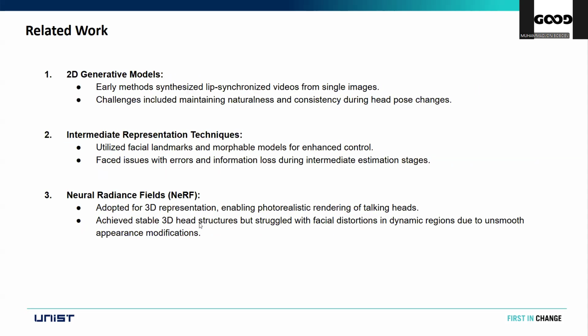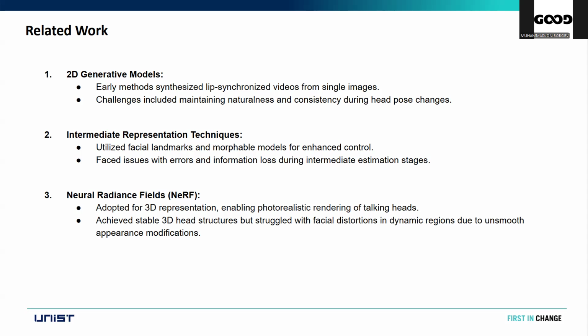Previously, people tried to tackle this problem by using 2D generative models, synthesizing lip-synchronized videos from a single image. The problem with this kind of approach is that it's not consistent during head pose change. So this was the main issue.